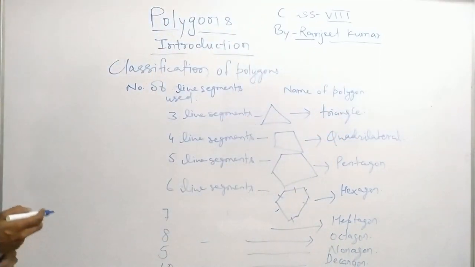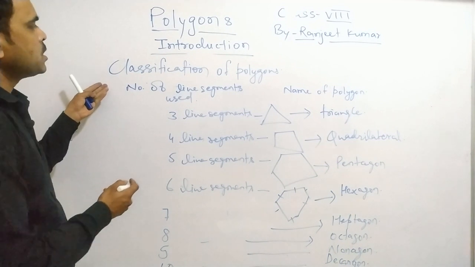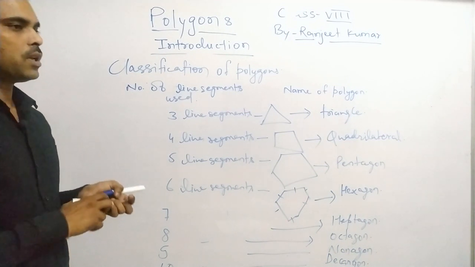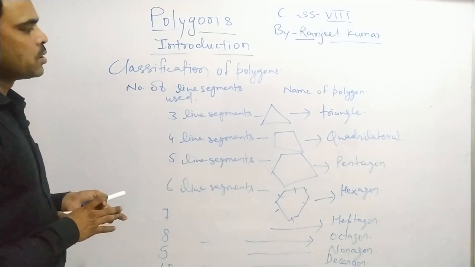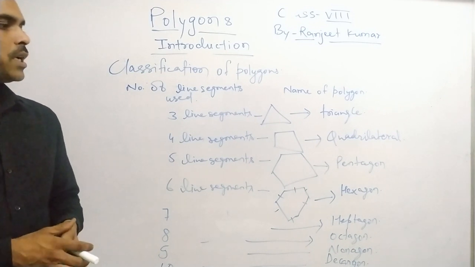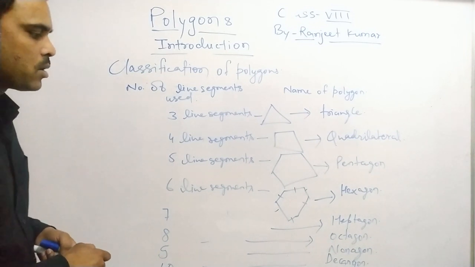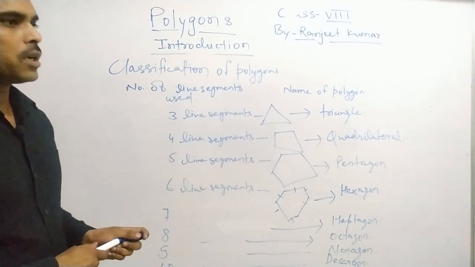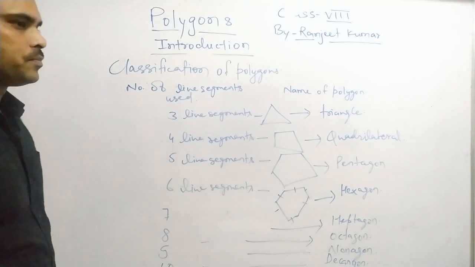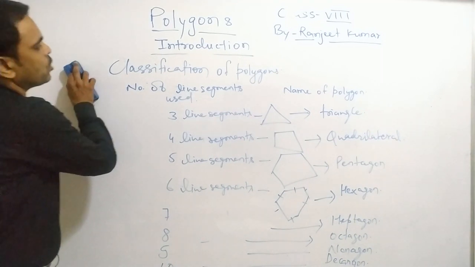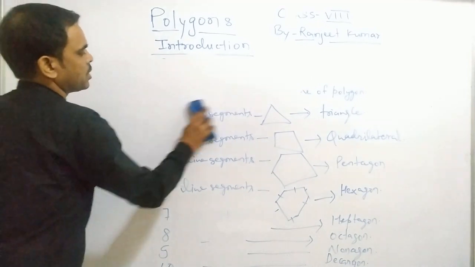Okay, so in this way we have classified different polygons like triangle, quadrilateral, pentagon, hexagon, heptagon, octagon, nonagon, decagon, and so on. Now we'll move on to types of polygons.